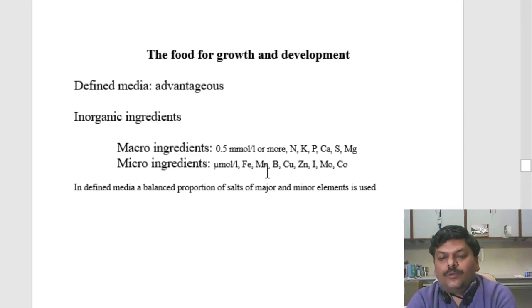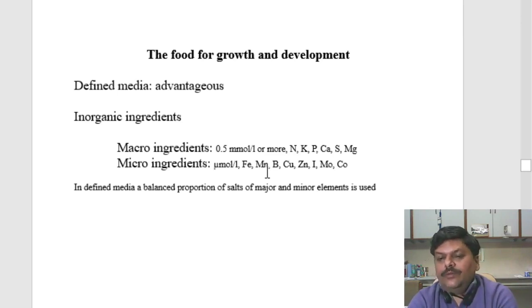Microelements are those which are required in much lower concentrations, in micromolar concentration, 10 to the power minus 6. Millimolar is 10 to the power minus 3 concentration. So macroelements are in general those required at 0.5 millimolar or more, and these are 6: nitrogen, potassium, phosphorus, calcium, sulfur, and magnesium.